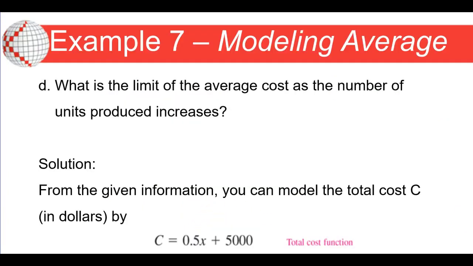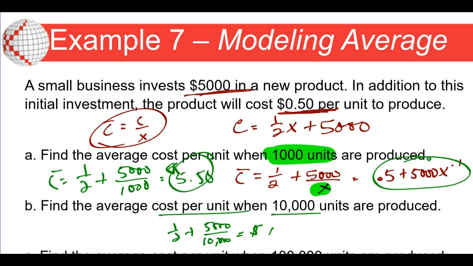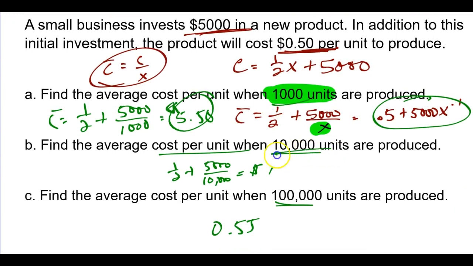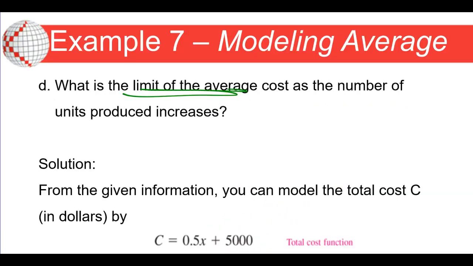Then part D is the limit. So you can see what it's approaching. They start at 1,000, move to 10,000, and so it's moving from $5 to $1 to 50 cents. What do you suppose this is going to approach? Well, you would think maybe 0.